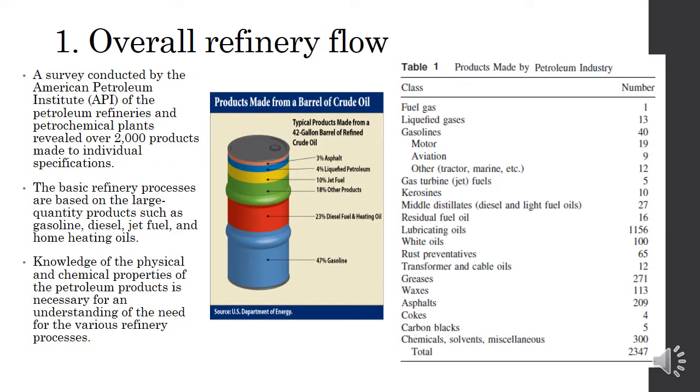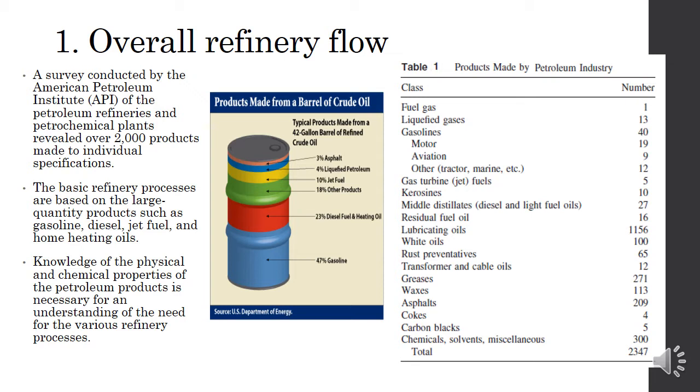While the average consumer tends to think of petroleum products as consisting of a few items such as motor gasoline, jet fuel, home heating oils, kerosene, etc., a survey conducted by the American Petroleum Institute, or API, of the petroleum refineries and petrochemical plants revealed over 2,000 products made to individual specifications.